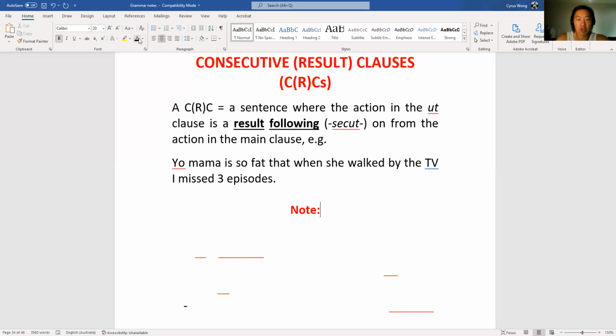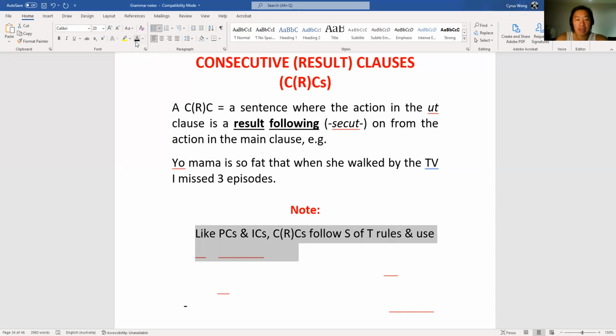So, notes. As I said, we have encountered this kind of thing before with purpose clauses and indirect commands. They are constructions where we use sequence of tense. So consecutive result clauses follow sequence of tense rules and use ut plus a subjunctive.